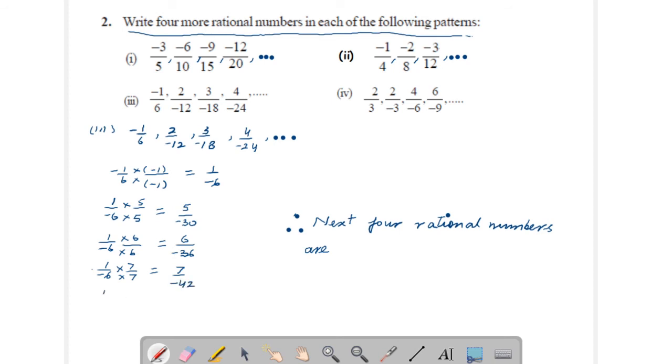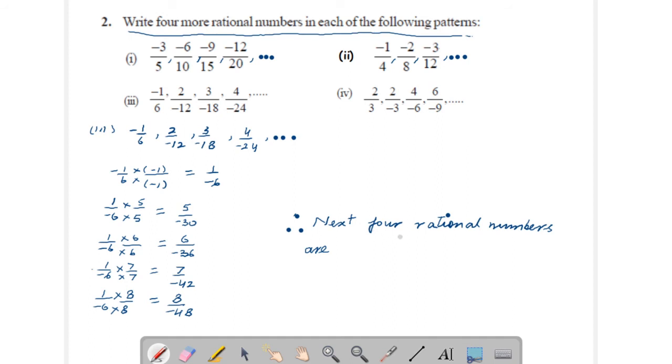Again take 1 upon minus 6, multiply it by 8 both in numerator and denominator, we will get 8 upon minus 48.